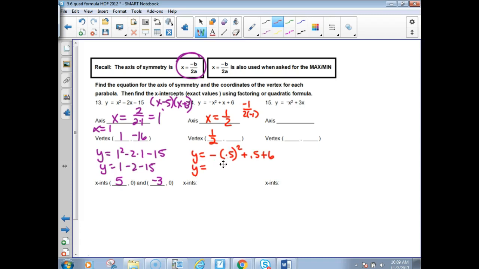And you can use your calculator for that if you like. It's going to be negative 0.25 plus 0.5 plus 6. That's 6.25. Okay, 6 and 0.25, if you want to rewrite it in fraction form, you can just hit math, enter. It's going to be 25/4.